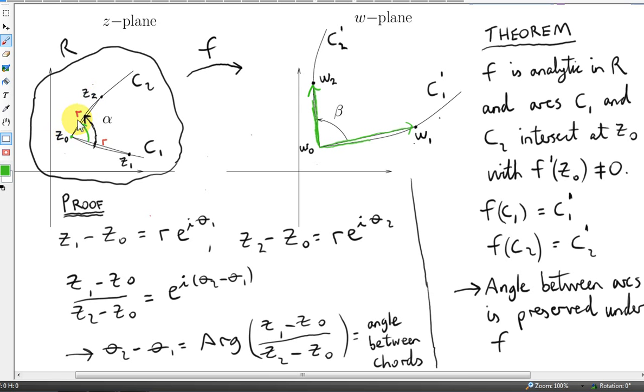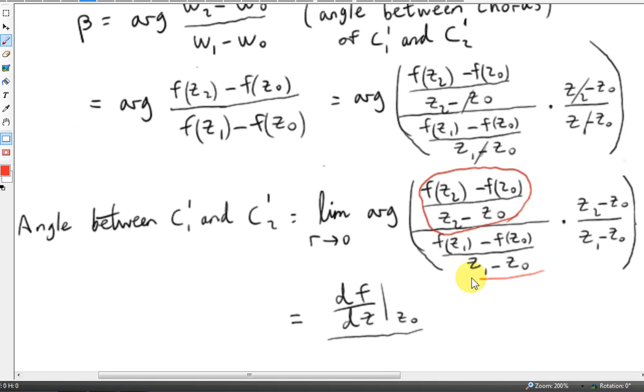And we know that for an analytic function, that derivative is independent of the way in which we take the limit. So the quantity underneath must give us the same result.